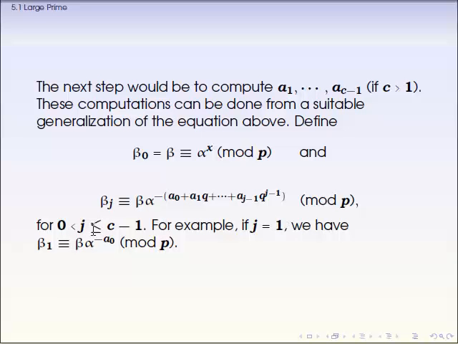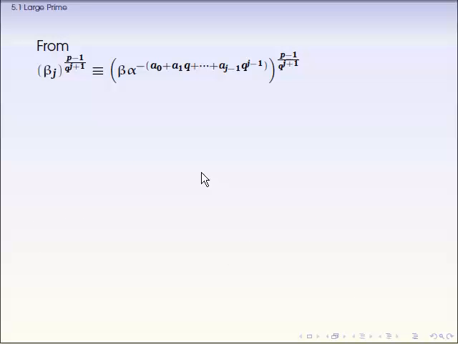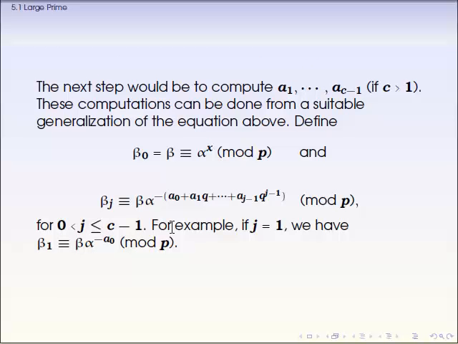If j is 1, then beta 1 becomes just beta times alpha to the negative a0, because we are not going to accept q to the 1 since j is 1, so we can only accept q to the 0, which is only the constant term. So that's our beta 1. So you can imagine what beta 2 means. Beta 2 means up to this much, and so on.